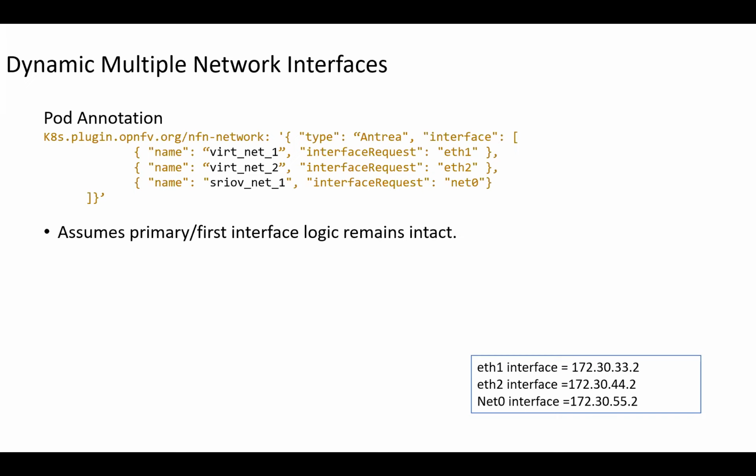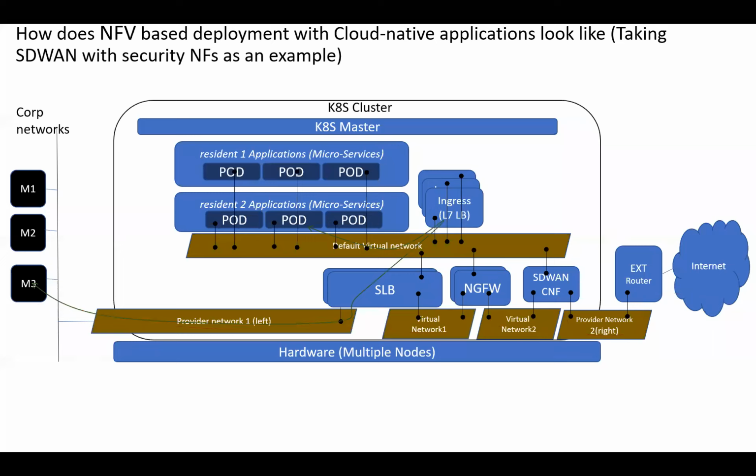Because we had a use case, if you go back to the packet flow. Our use case was that we wanted to have a pod that intercepts traffic. Let's say your SLB is also a pod.